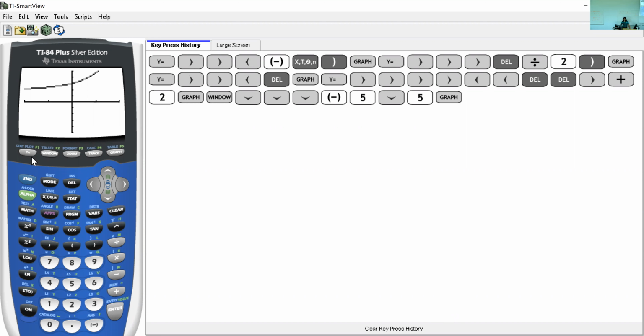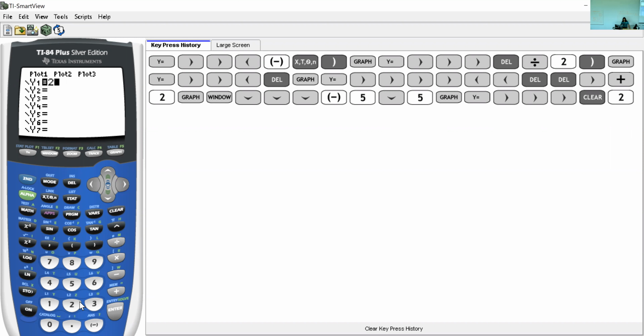Here is another case. Two minus e raised x.